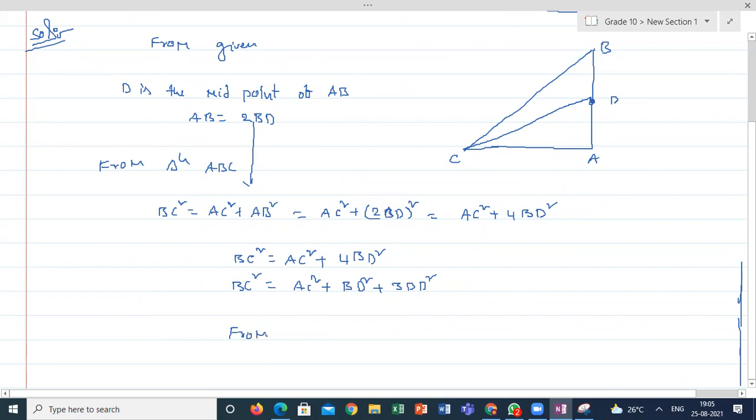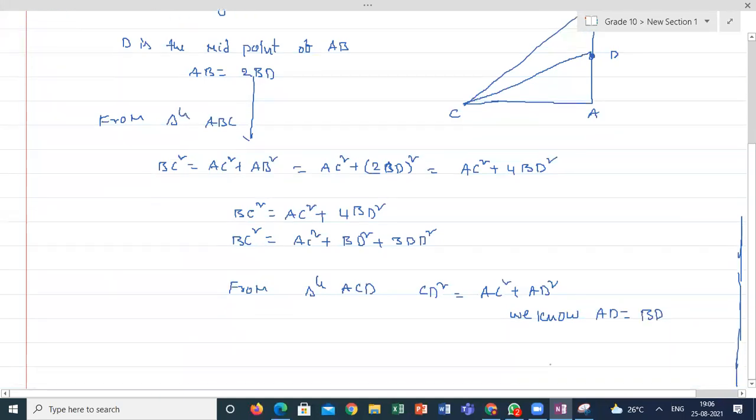From triangle ACD, I can write CD square will be equal to AC square plus AD square. We know D is the midpoint, so AD is equal to BD. If I am using this condition, I can write CD square is equal to AC square plus BD square.